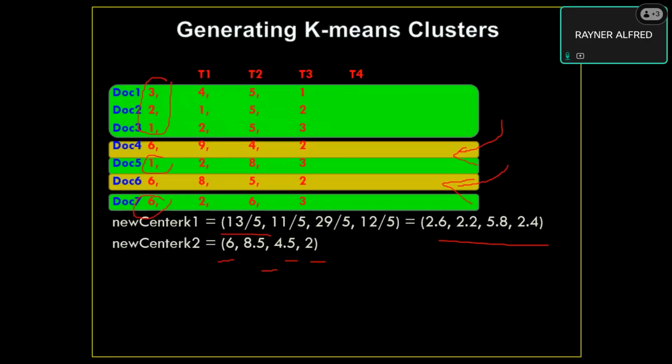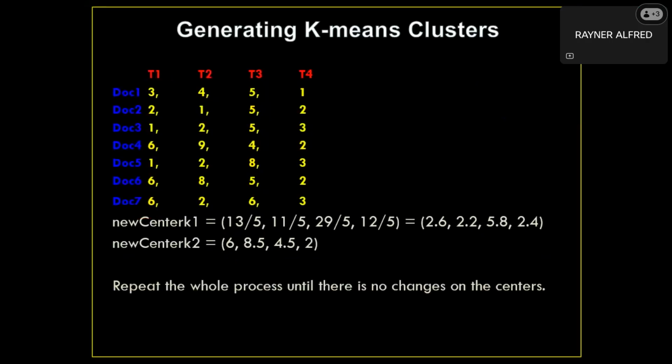But every time you run the clustering, it will give you a different result. Okay. So we start all over again, then we stop when there are no changes of the center.